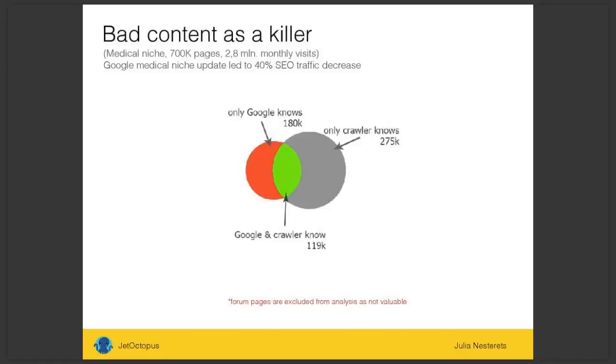Another issue is that almost 300,000 pages were crawled by the crawler, and Googlebot is not there. So these pages are in the structure of the website. They are important for this business, but the bot doesn't perceive them as they are. It perceives them differently. And only 119,000 pages are visited by bots and are in the structure of the website.